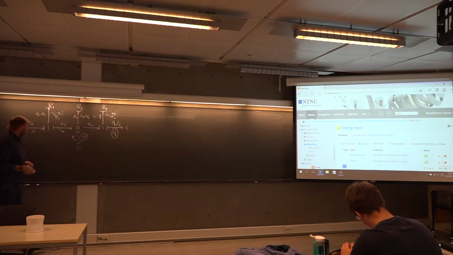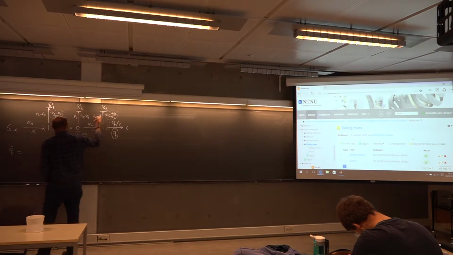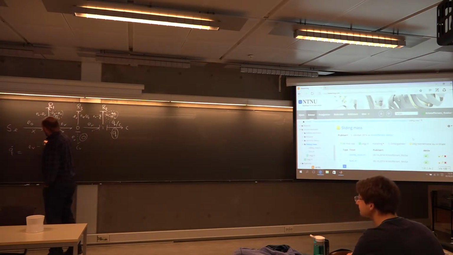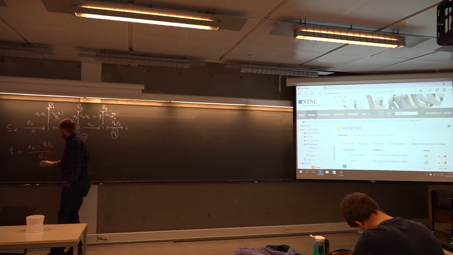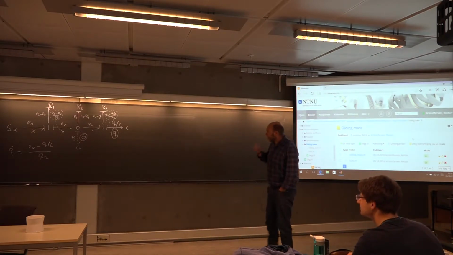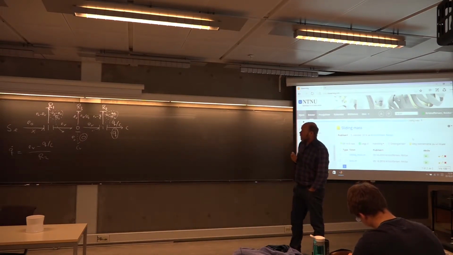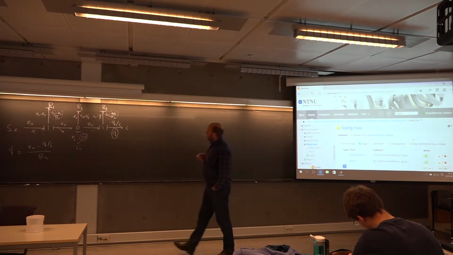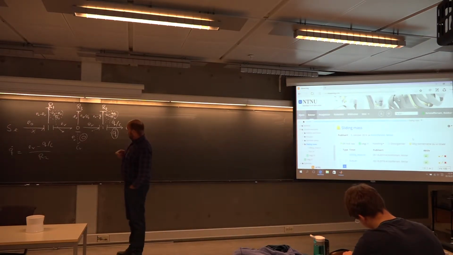My first equation. Q dot equals this expression, E virtual minus Q over C divided by R2. So that's my first equation. What about the rest here?